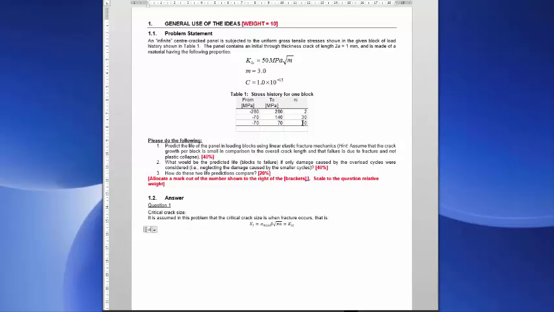So in this case, we can say A is equal to K1C divided by beta, squared, times 1 over pi. Right. So that's what we have for this problem.